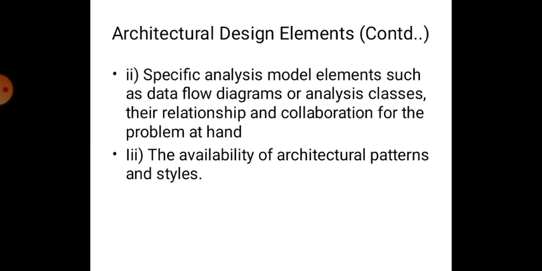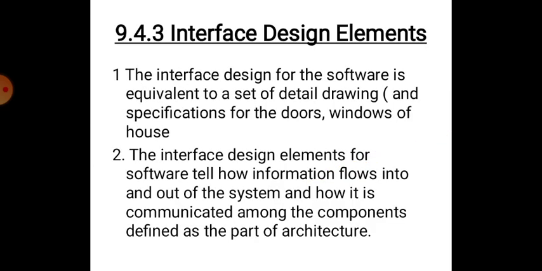And third, the availability of the architectural patterns and styles. So these are three important aspects. One is domain, second is specific analysis model, and third is the architectural patterns and styles available for the particular design.